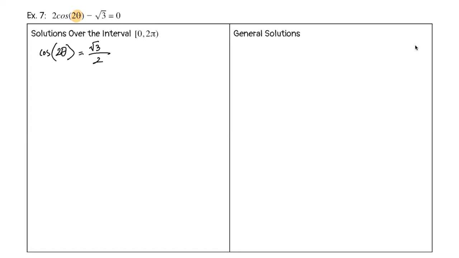All right, so once we've isolated that cosine, what do we do? Or what are some things that we have to do to take care of our solution?